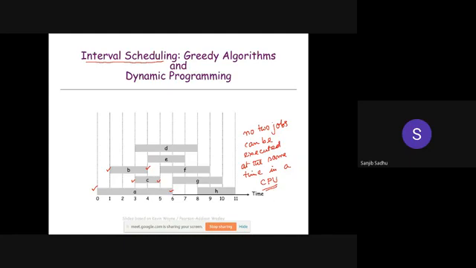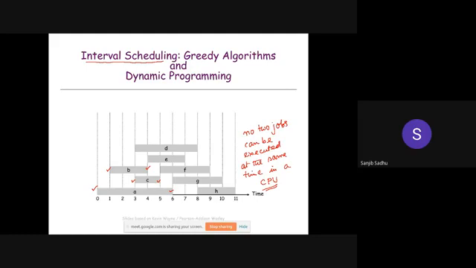And another assumption is that there is no preemption. Preemption means suppose you have started job A, and after 2 units of time, job A releases the CPU and C is given the CPU, and then again A starts after C has finished. No, we will not allow this. Once a job starts, it will keep the CPU until it finishes completely.